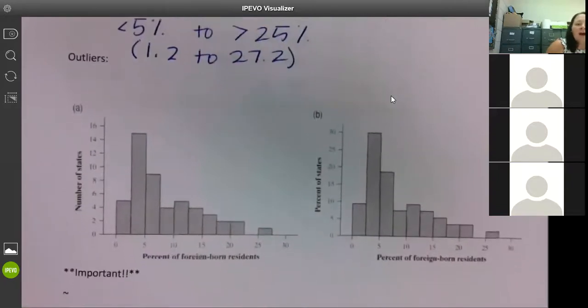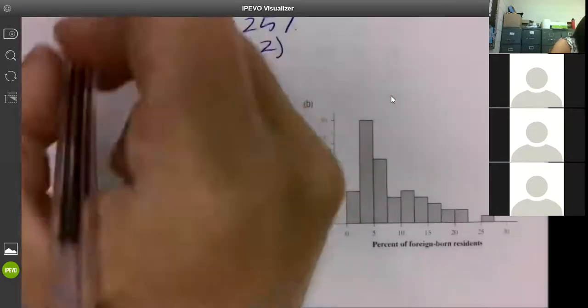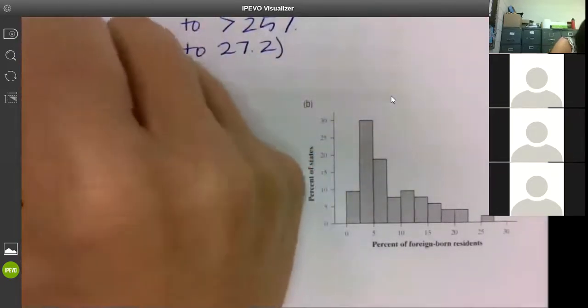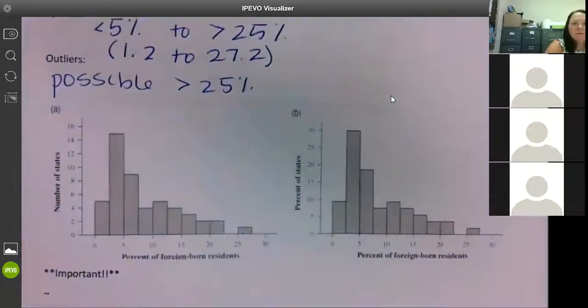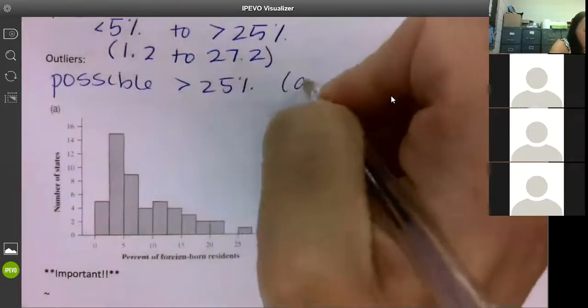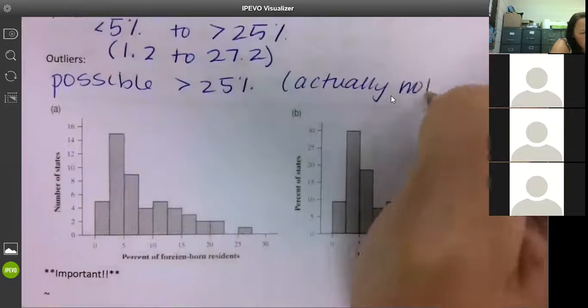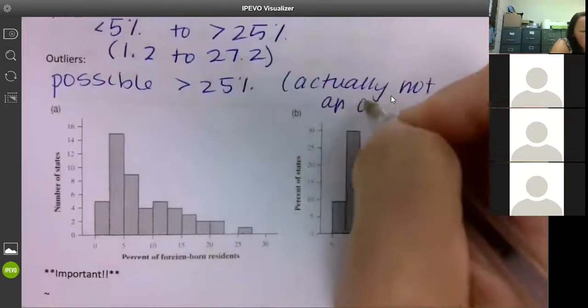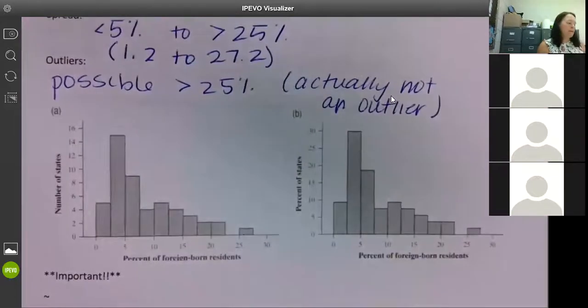And then your outliers, it looks like this little box right here could be an outlier. So we can say a possible outlier at greater than 25%. And I will tell you that it's actually not one. But again, we don't know how to figure that out yet, but we will. Okay, but it's possible that it is there.